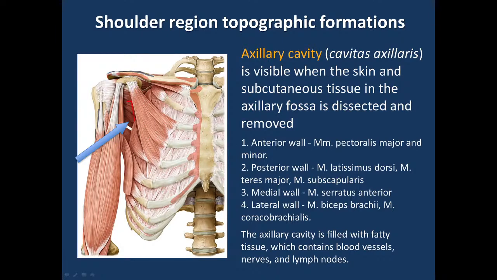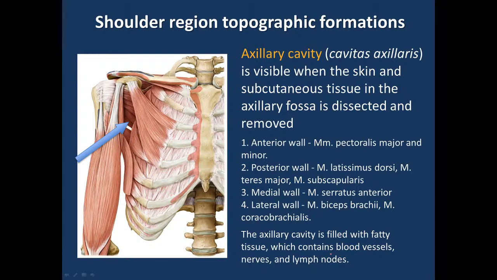Then you see the posterior wall, the medial wall located here, which is also muscle, and laterally. So this is something like a cube, a cavity which is filled with fatty tissue.